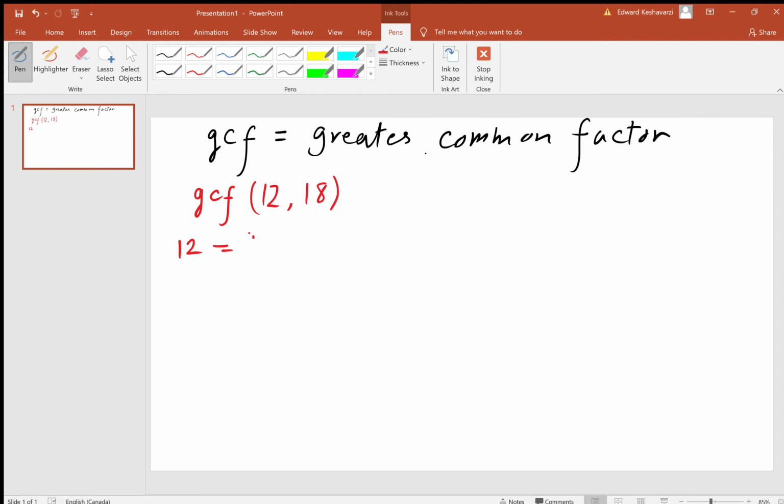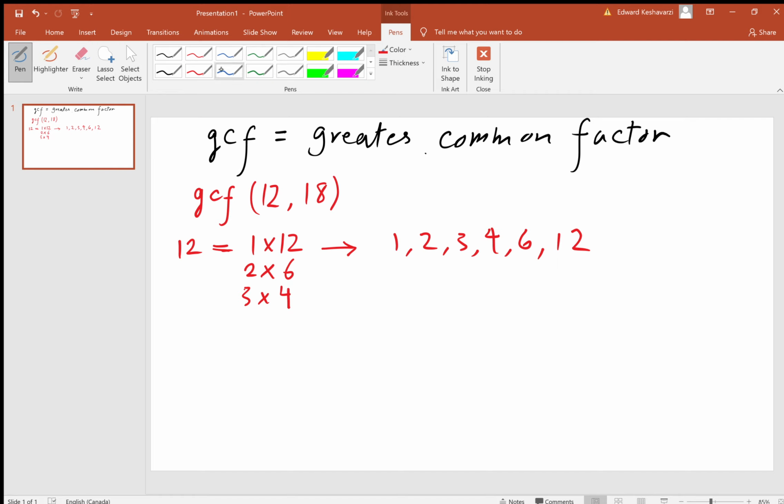As you know, 12 can be written as 1 times 12, 2 times 6, and 3 times 4. Therefore, 1, 2, 3, 4, 6, and 12 are all factors of 12.